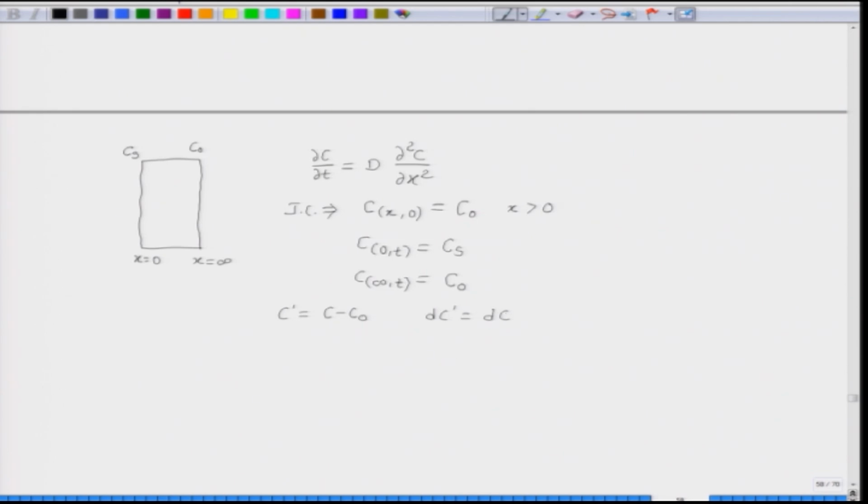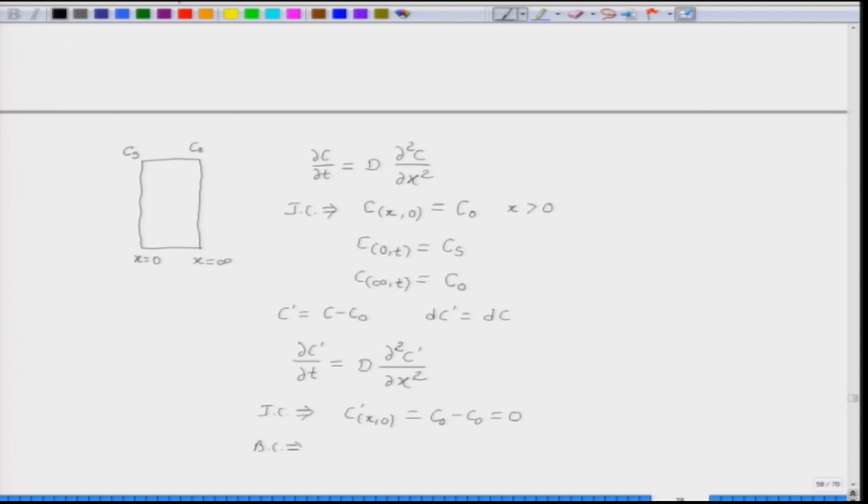Our diffusion equation with the new modified concentration variable becomes dC prime/dt equal to D d2C prime/dx2, and the initial condition becomes C prime at t equal to 0 is C0 minus C0, which is 0.